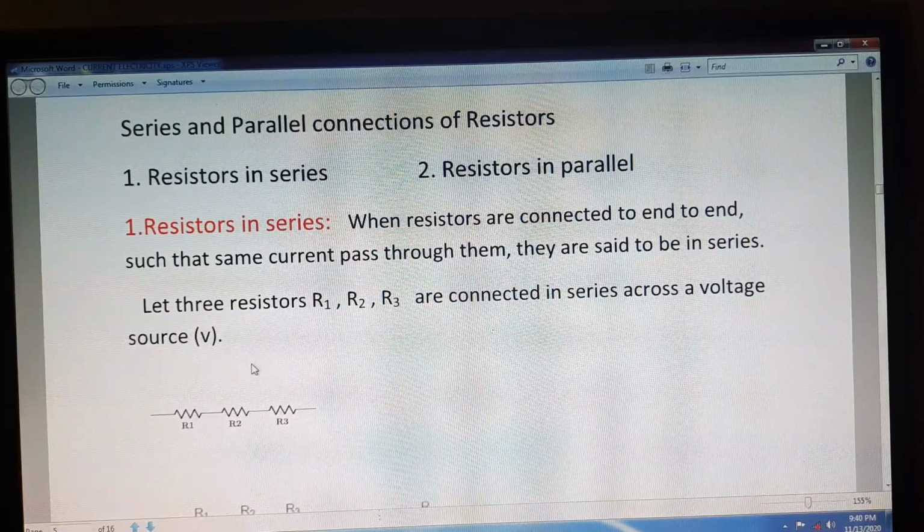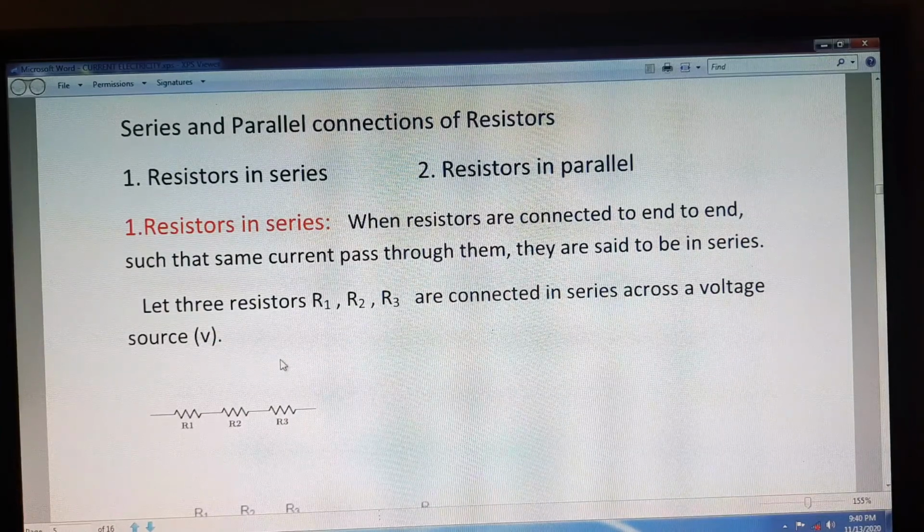We can calculate the resultant, total effective resistance in the series combination of resistors.